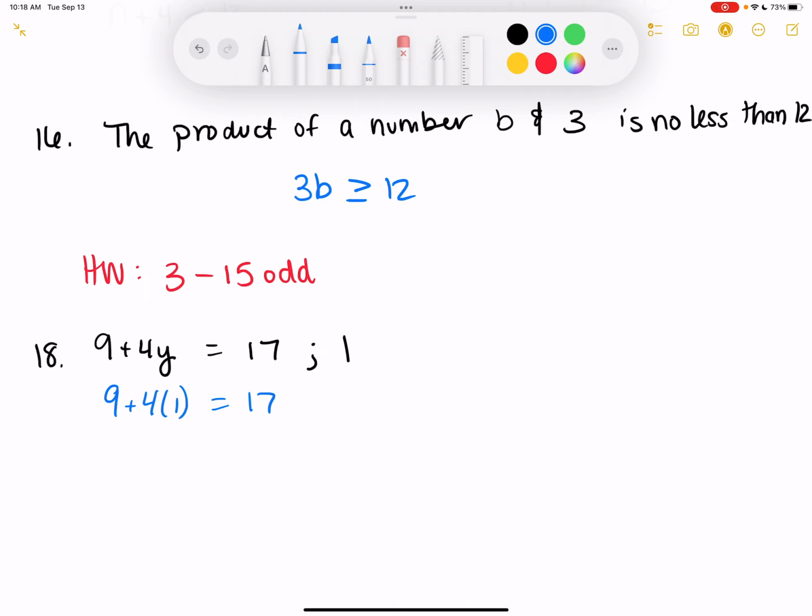So 9 plus 4 then is 13. 13 equals 17. That's not true, so then we would say it is not a solution. And for solution, I usually just write SOL. You're welcome to write the whole thing out. That's just how my college professors wrote it, so I got in the habit of writing it that way. But anyways, it's not a solution.